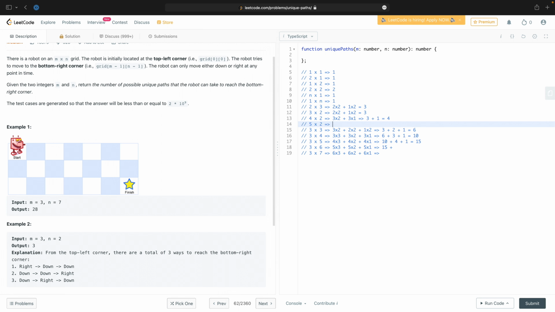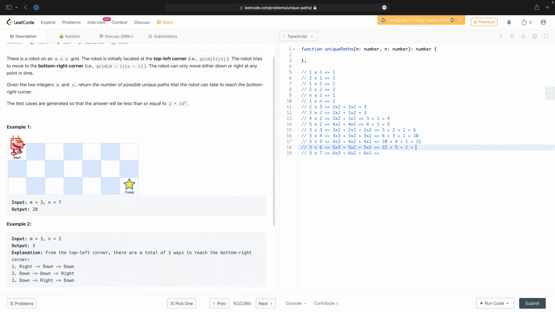5 by 2 is a 4 by 2 plus a 4 by 1, which is a 4 plus a 1, 5. I realize I'm doing this the very, very long way. I'm sure there's some routine here, which I'm going to spot in a second.